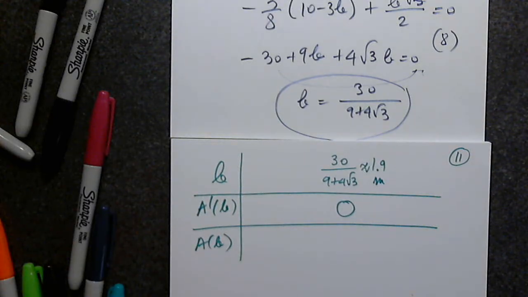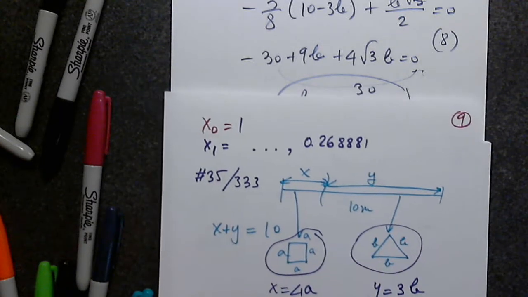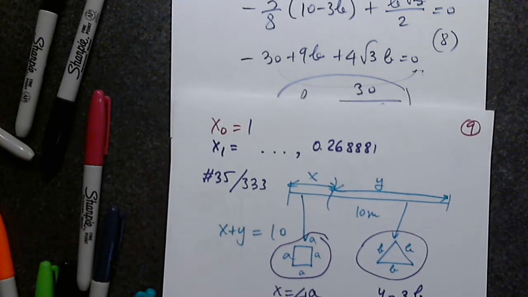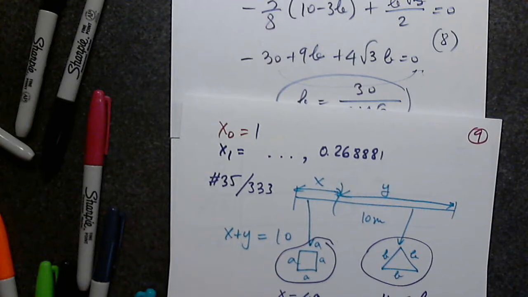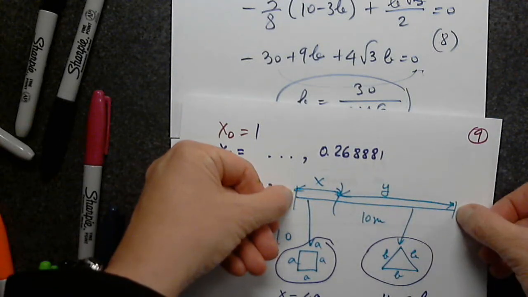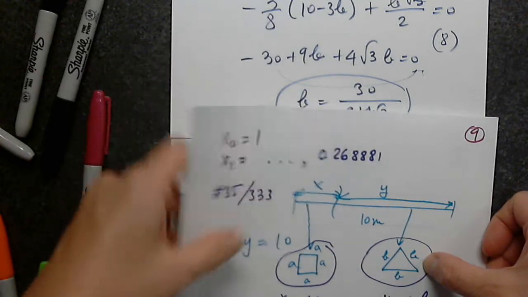Okay, let's see, like 5 pages before. What was b? So if we use the entire length for a square, then b is 0.